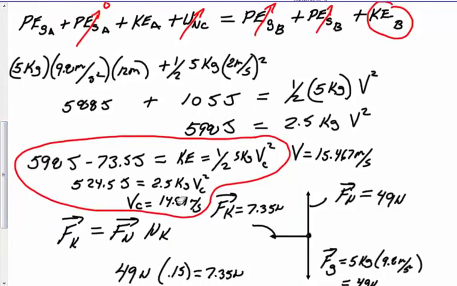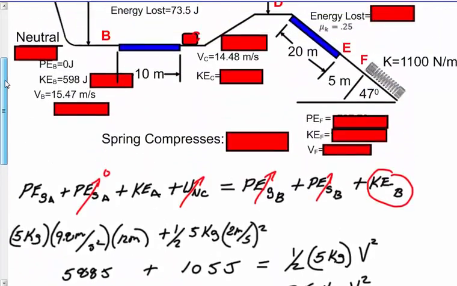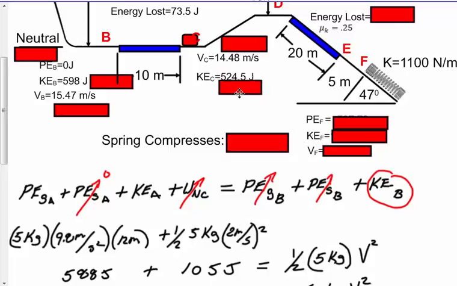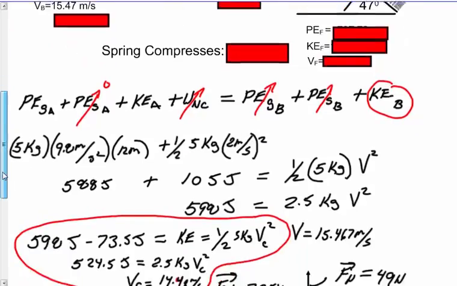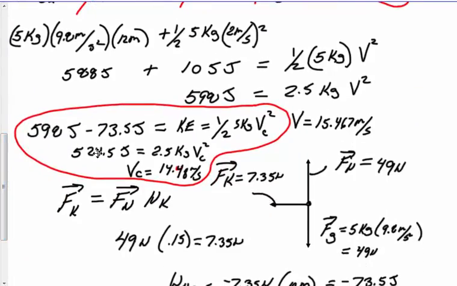I apologize. That's 14.48. Looking at my calculator right now, it says 14.48. I wrote it as 14.84. So that's 14.48. And again, what is the kinetic energy at that point? 524.5. And that's exactly what I got there.